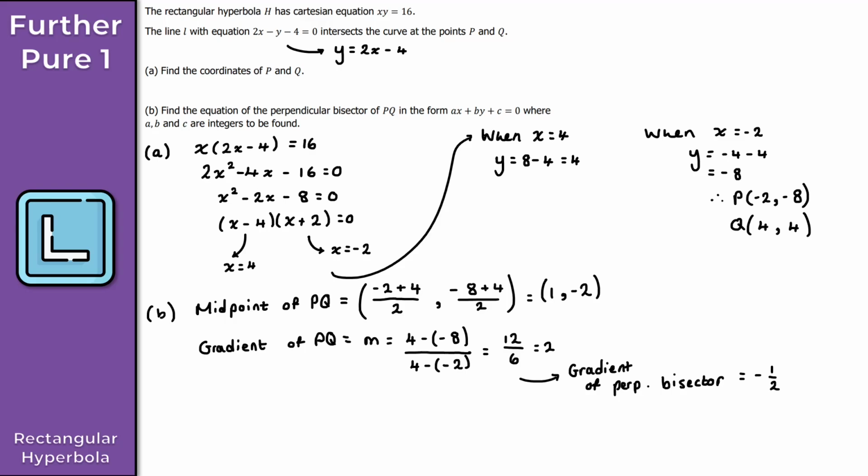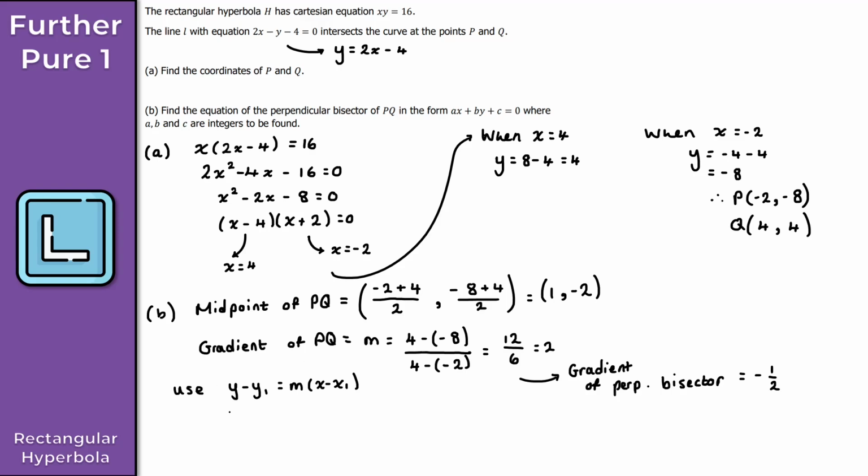Okay, so we're pretty much done now. What we're going to do here is use the formula for the equation of a straight line. So y minus y1 is equal to m times x minus x1. Okay, so x1 here is this point here. So that's 1. y1 would be this point here, so minus 2.